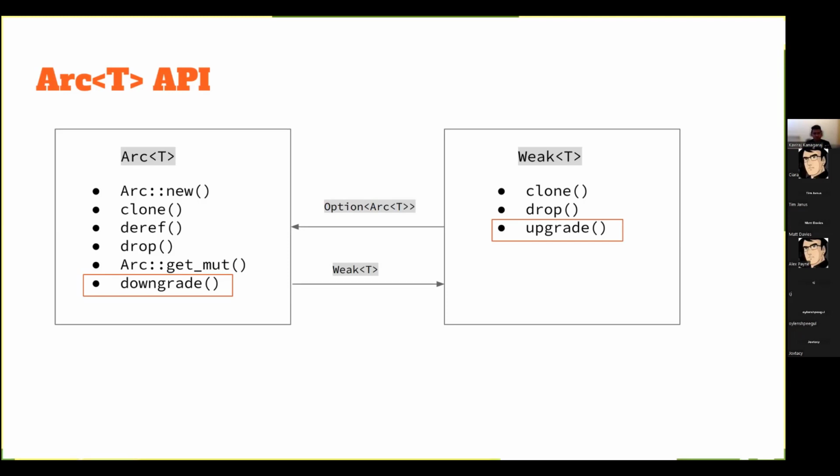So if you have some Weak reference and you want to access whatever type is inside, you just call upgrade on it, and it will give you an Option of Arc. If the T is deallocated or dropped, for example, then you will get a None, so you cannot use the value. That's the API we are talking about when we build Arc.